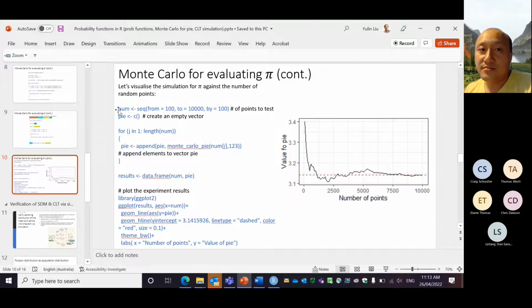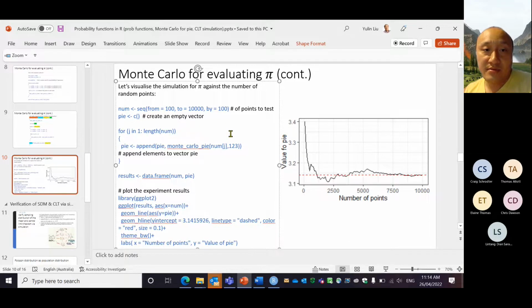So first of all, I'm going to generate a sequence from 100 to 10,000 by 100. So it will be 100, 200, 300, 400, and so on, until 10,000. Okay, and then I'm going to create a vector called pi. I will fill up the vector with the evaluations of pi in each of the 100 experiments later.